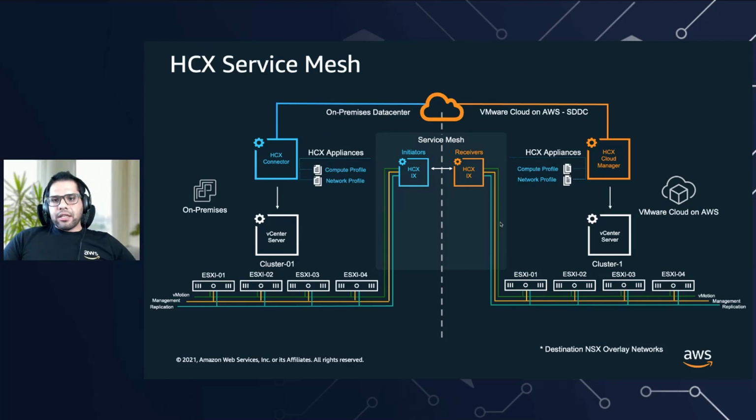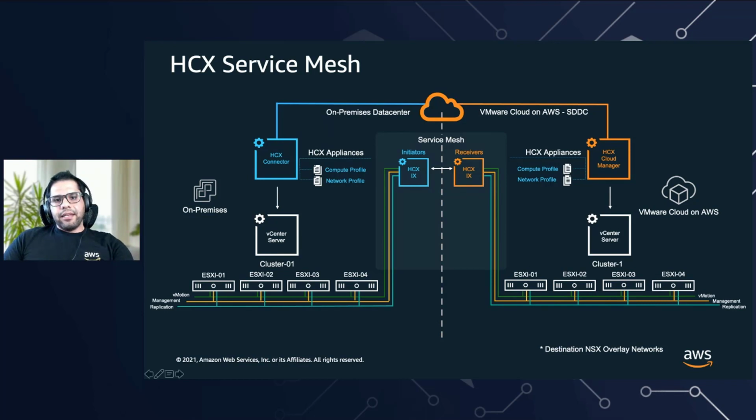The interconnect appliance is what enables the VM migrations, and so this appliance is always deployed. Then there are two more appliances. So the WAN optimization appliance, if the WAN optimization feature is selected, gets deployed in the service mesh.